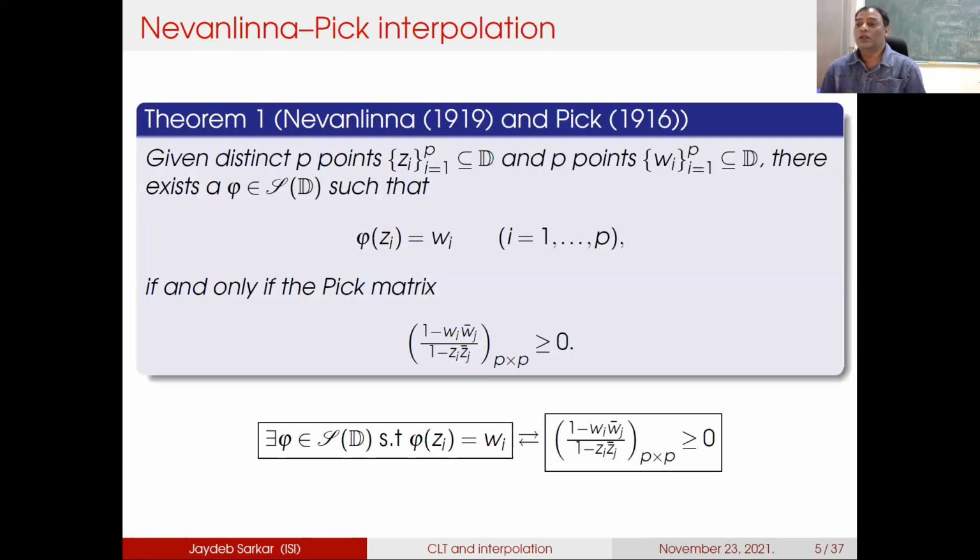All right, so this is the classical Nevanlinna-Pick interpolation. So Nevanlinna did it in 1919 and Pick in 1916, perhaps during the time of the First World War.